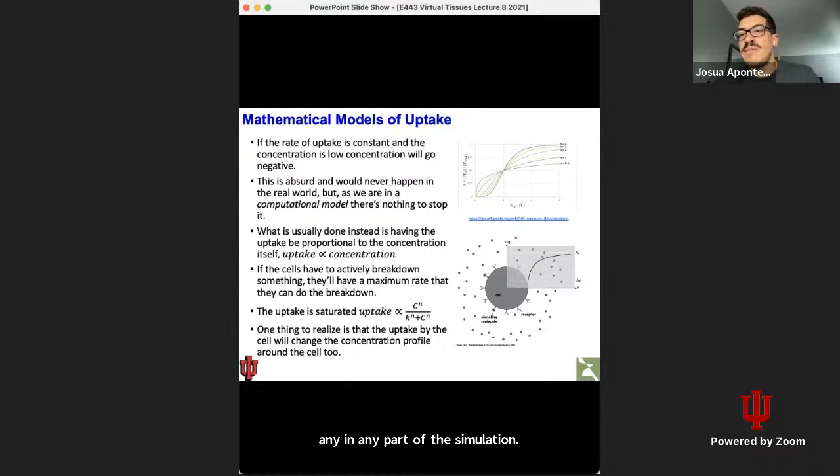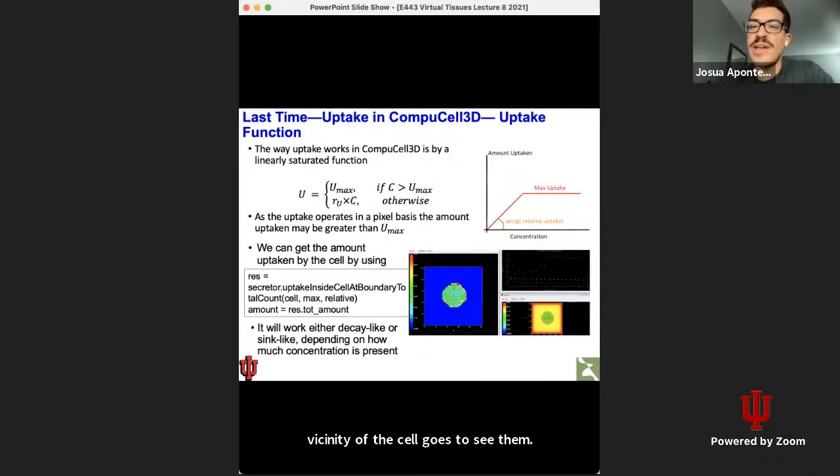So that means that our model of uptake needs to be saturated by the concentration, such that the uptake goes to 0 as the concentration of the field in the vicinity of the cell goes to 0. And we explained that the way CompuCell implements that is that the user specifies 2 parameters: the maximum uptake and the relative uptake.